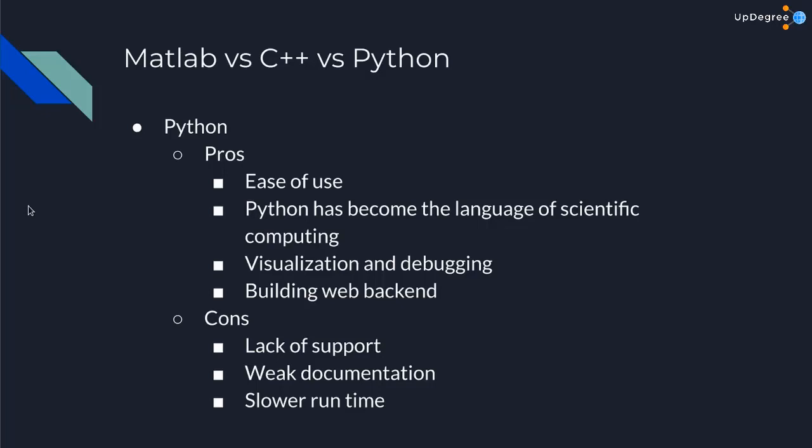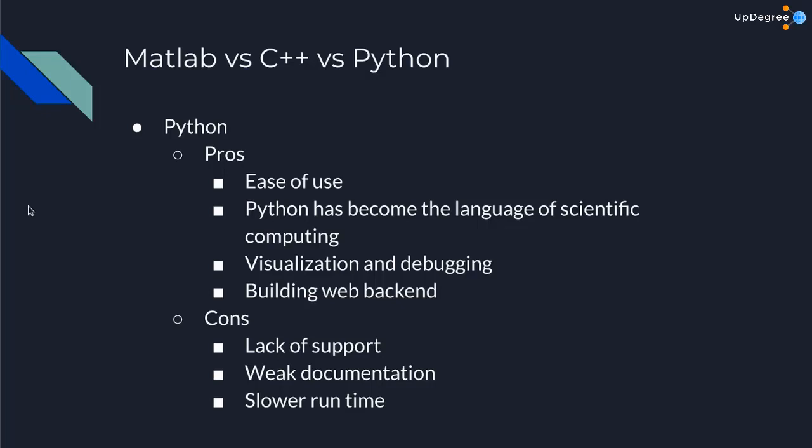Most of the computer vision algorithms that we will be writing will be exposed through a web backend. Therefore, if your web backend is also written in Python, it becomes very easy for us to export the OpenCV algorithms that we have written using Python and expose them using this web backend. Although these pros are very nice, there are also some cons associated with Python.